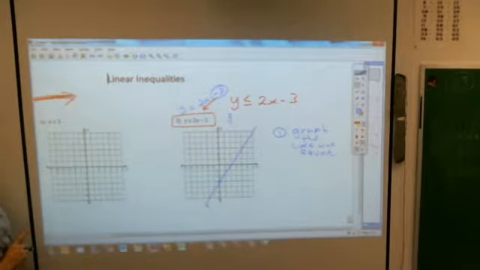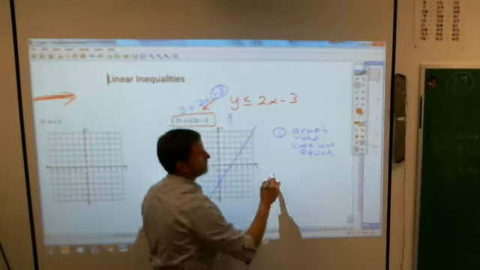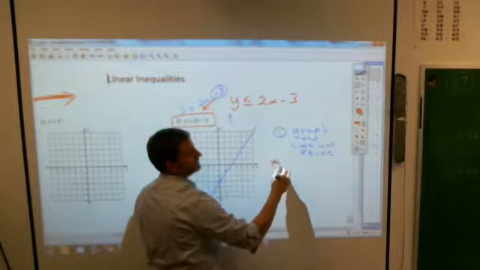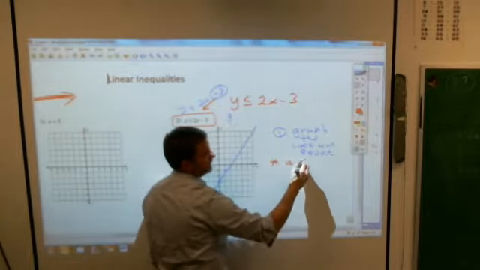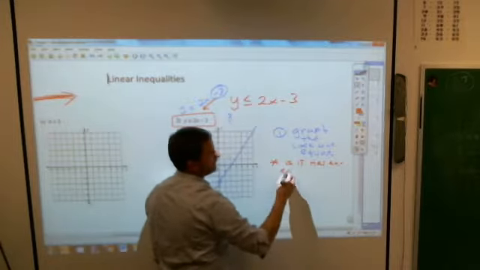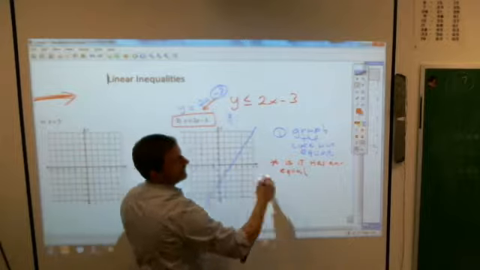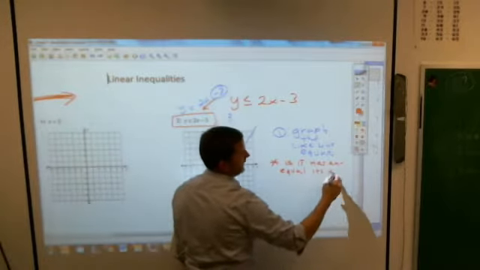It's going to be on your graph there, but stop, don't draw it yet. Here is idiosyncrasy number 1. If it has an equal sign with it, which this one does, because there's that little equal line under there, it's a solid line.